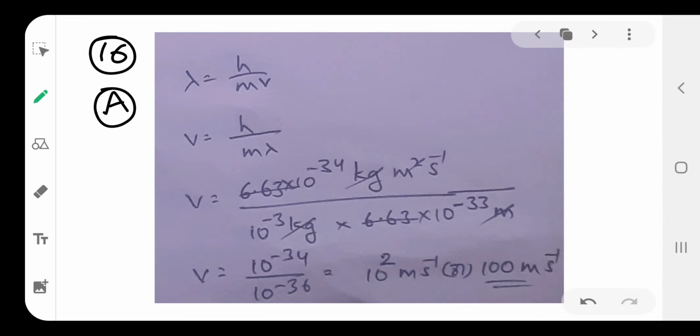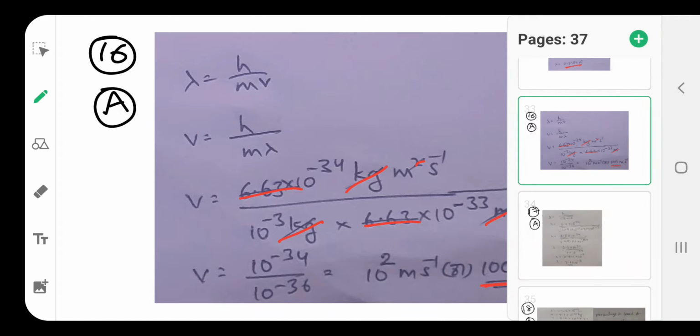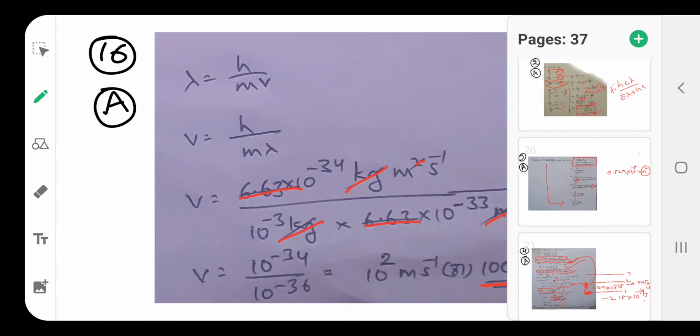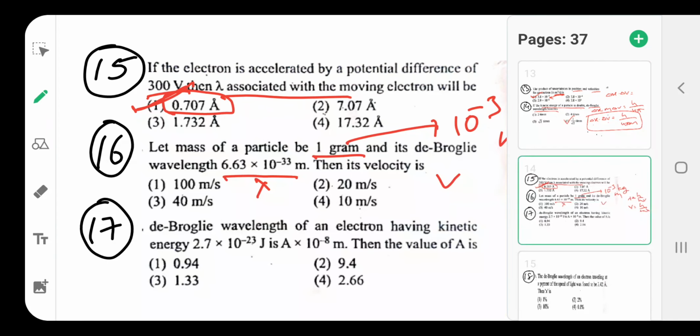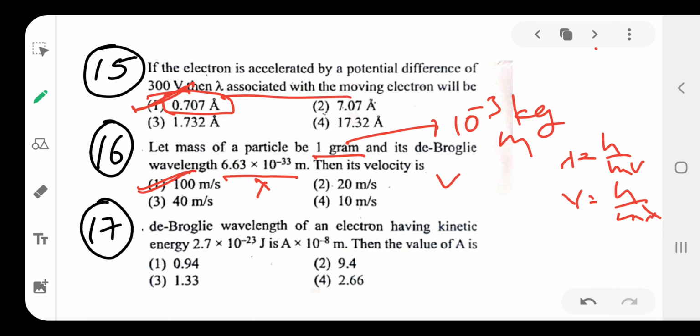Kilogram cancels, remaining meter second inverse. 6.63 cancels, and the powers give 10 power 2 meter second inverse. It means 100 meter second inverse. The obtained answer is 100 meter second inverse. So that is the velocity.